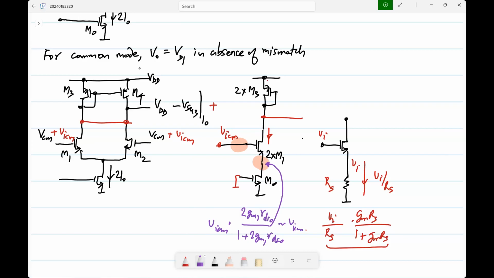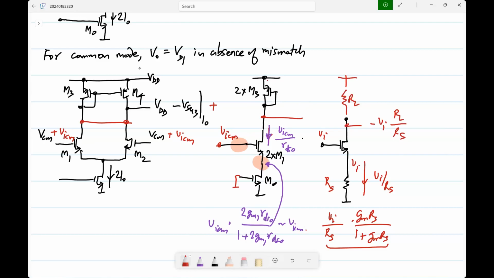And what is the incremental current flowing there? So this divided by RDS0, which I'll say is VICM by RDS0. And what is the load impedance of this? If I had RL, this voltage would be minus VI RL by RS approximately.